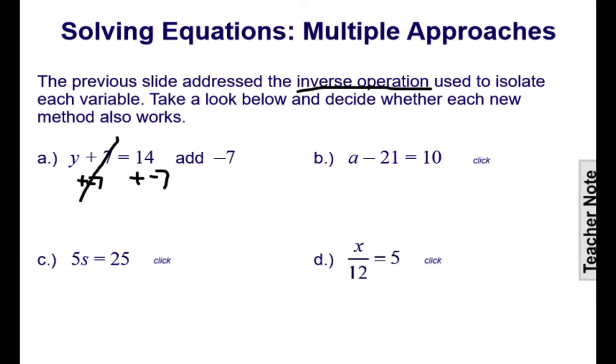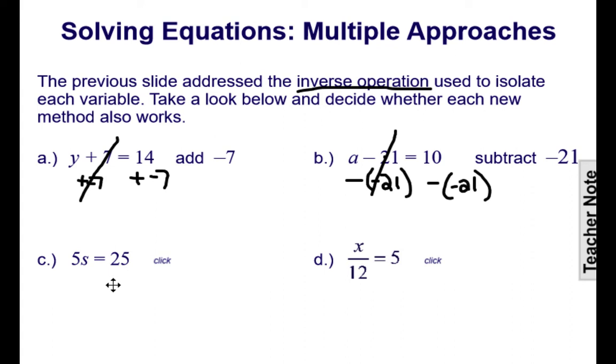With a minus 21 equals 10, our inverse was adding 21. Well, is that the same as subtracting a negative 21? If I subtract a negative 21, well, subtracting a negative really is adding 21. So negative 21 minus a negative 21 would add to 0. So we can subtract a negative 21 from both sides and isolate the variable.